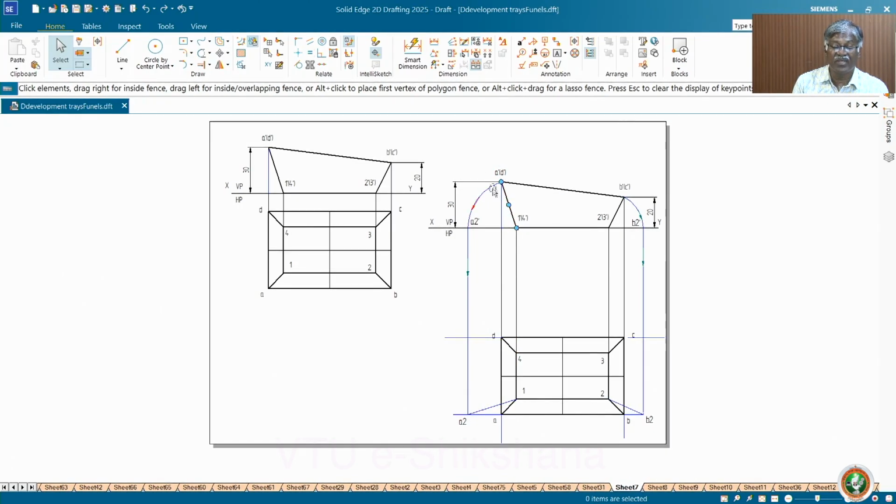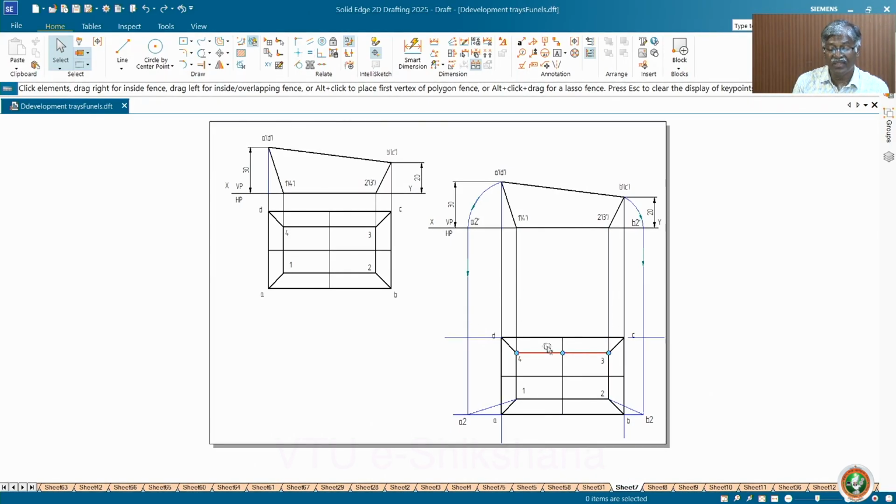So naturally you proceed with the same logic, project it, get 1A. 1A is the true length for 1 capital A, again 1 capital A. 4 capital D is already available here. Rotate this with 1 and 4 as centers, not with A and D as centers. Wrong. You will get a wrong answer if you do that. 1 and 4 as centers, draw arcs to the other sides.